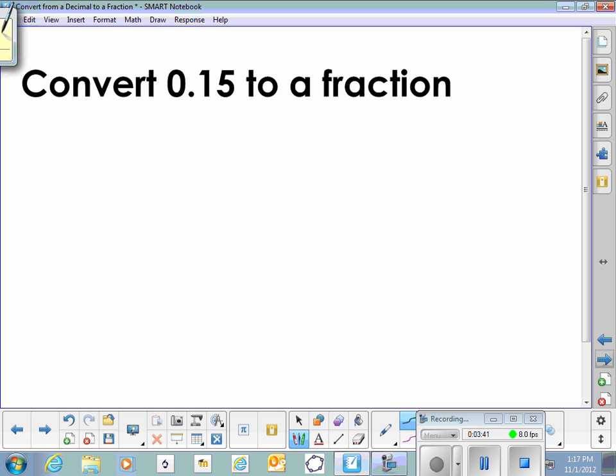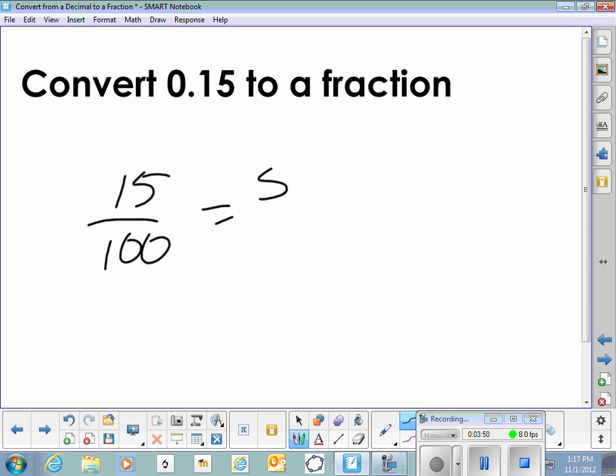How about 0.15? So that would be 15 over 100. Well, let's see, that could be 5 times 3 over 5 times 20. I've factored my 100 into 5 times 20, my 15 into 5 times 3.